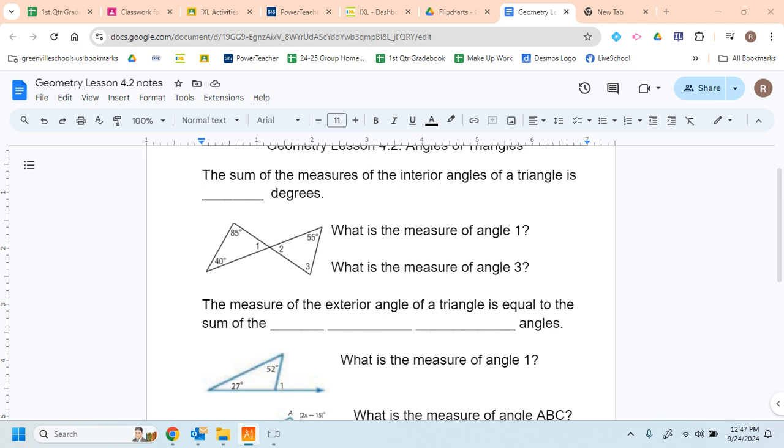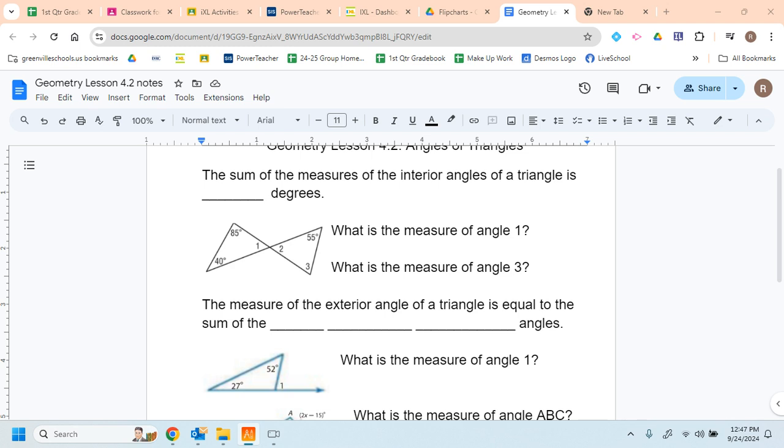In the next one, it says find the measure of angle 3. Well, we know that angle 1 is 55 because we found that out from the previous part. So if angle 1 is 55, angle 2 is 55 because they're vertical angles. We do the same thing.